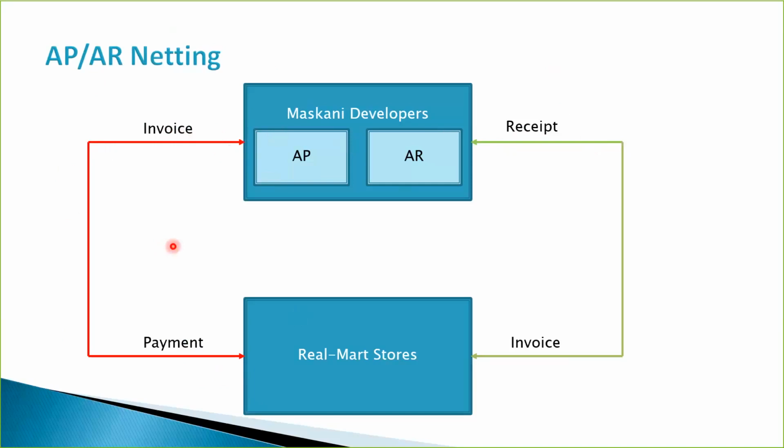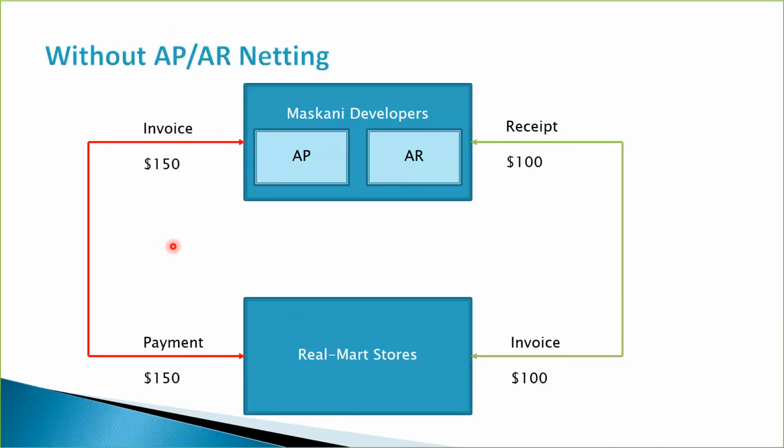So what happens when we have AP and AR netting, or without AP and AR netting? Let's start there. Let's say, for example, we have sold goods or services worth $100 to Realmat Stores.